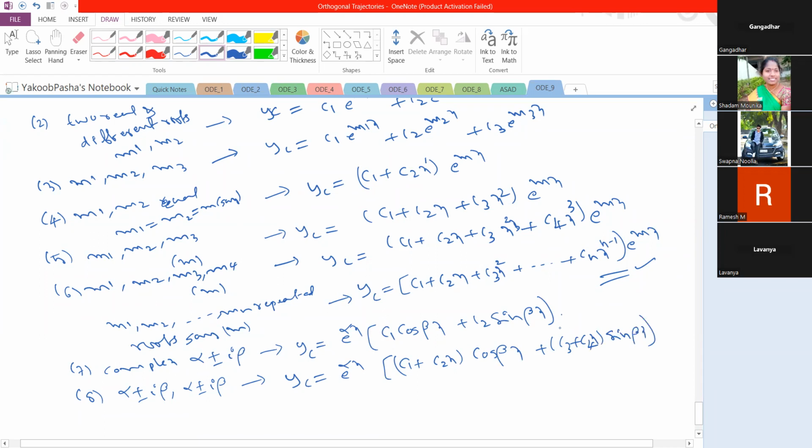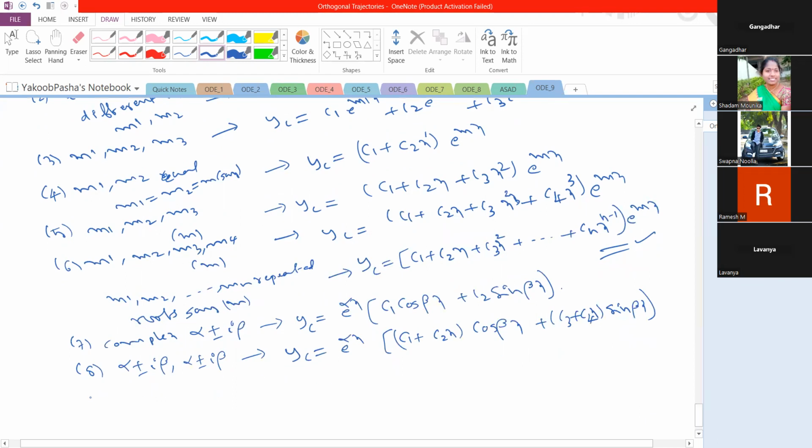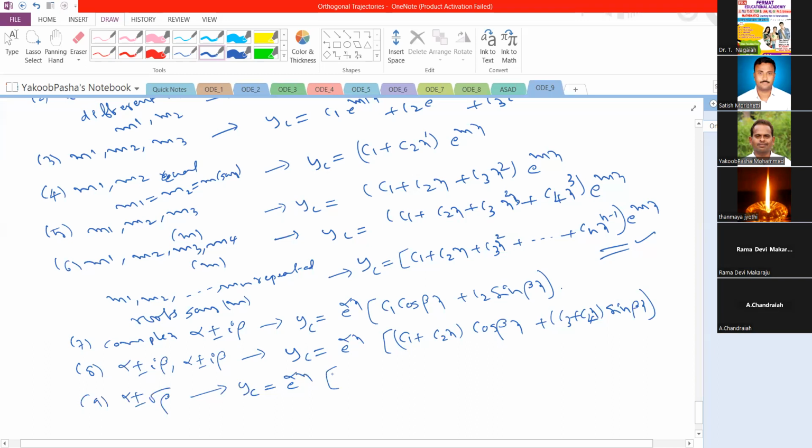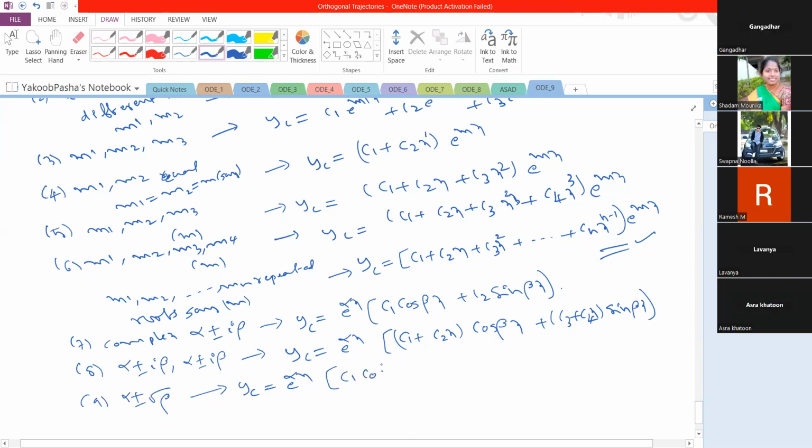If the roots are surds, like alpha plus or minus root beta, then the corresponding complementary function yc is equal to e to the power of alpha x into (c1 cosh(x root beta) plus c2 sinh(x root beta)).